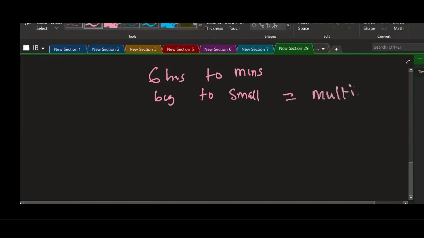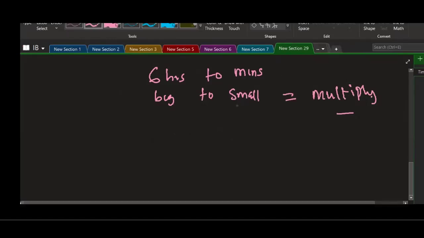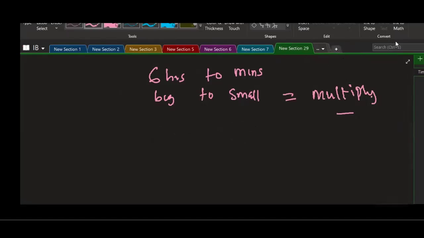So you've forgotten the rules, and you've been using that. Don't guess. When you're converting from a smaller unit to a bigger unit, that's when you divide. But when you're converting from a bigger unit to a smaller unit, you multiply. Do you understand that now?